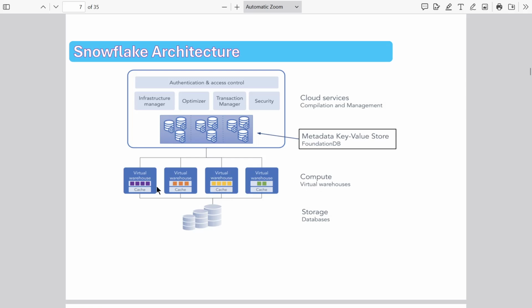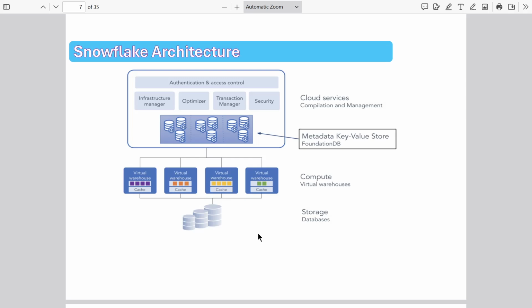You can see each warehouse has its own compute engine, so the load is perfectly distributed, and this is the brain responsible for that, and this is the main database where all the data is stored. So Snowflake follows a three-layer architecture. This is the main thing. Get a clear picture of this, so that it will help you understand the topics further in more detail. Is it fine now?